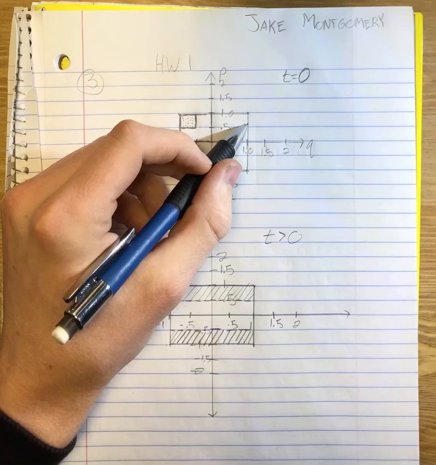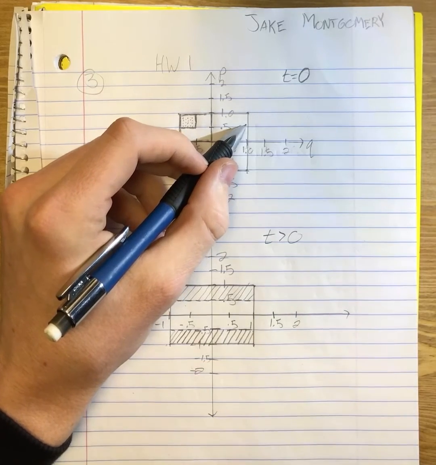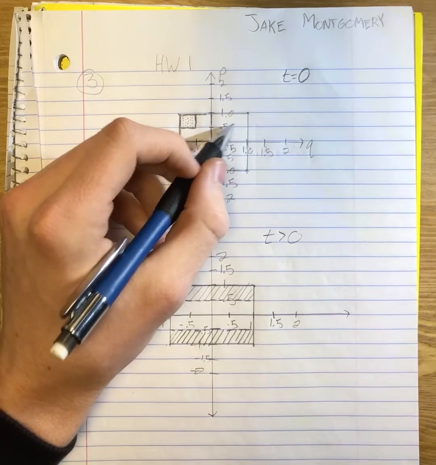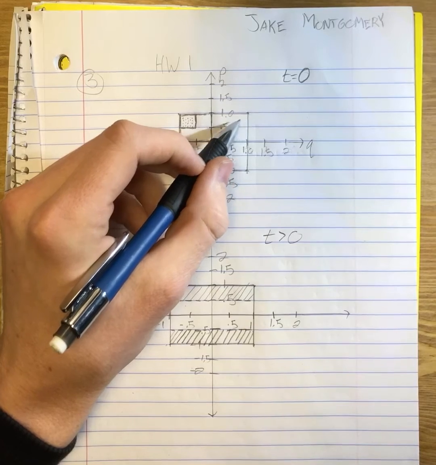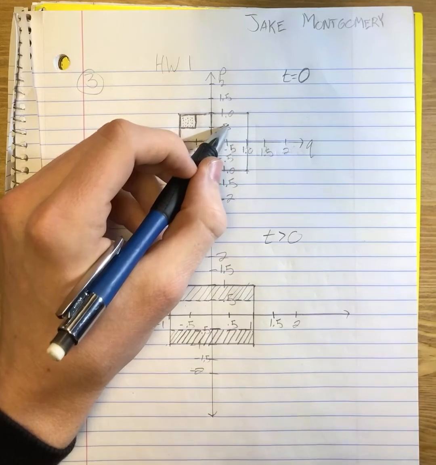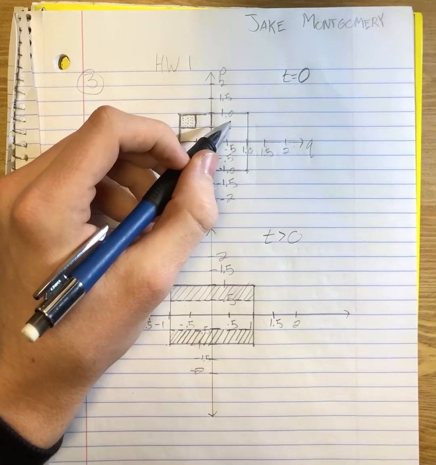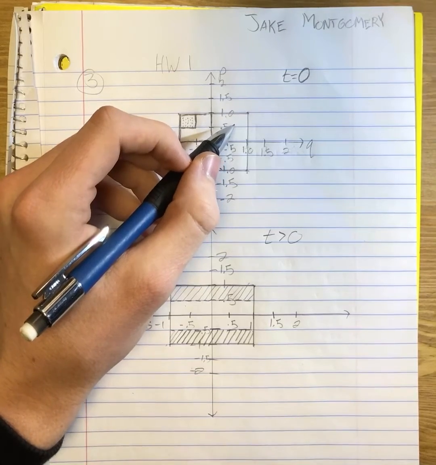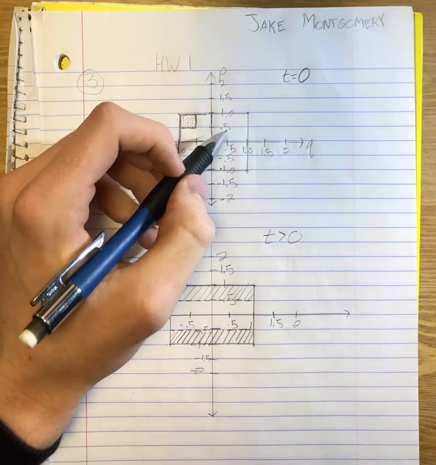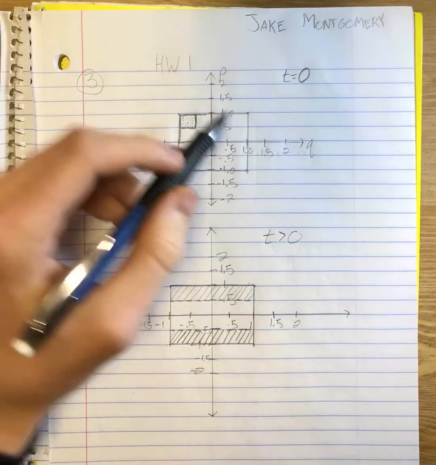Once they reflect off of this wall, they will have a negative momentum, right? Because they'll hit the wall and then go in the exact opposite direction with the same speed as before, just negative this time instead of positive.